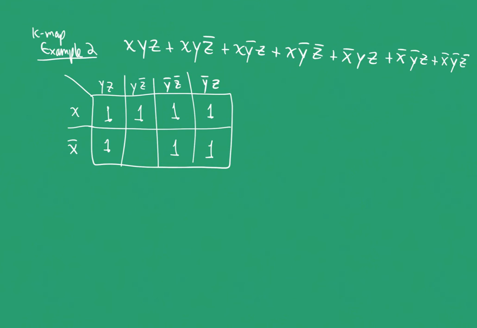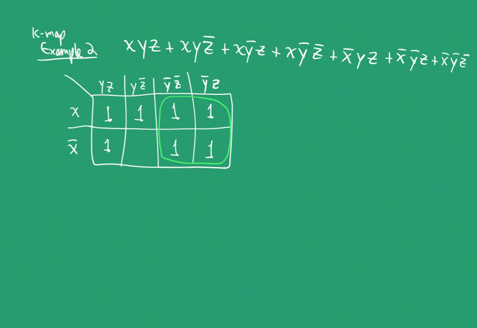So we'll start with this bunch. Now the goal here is to get the biggest of these rectangular or square shapes that I'm using to collect the ones together. You want to get the biggest ones possible, and you want to cover everything.